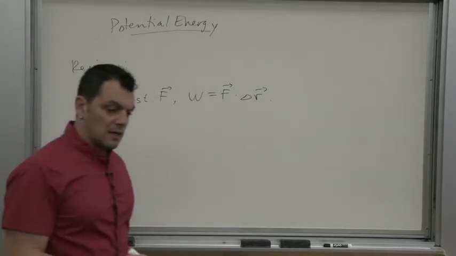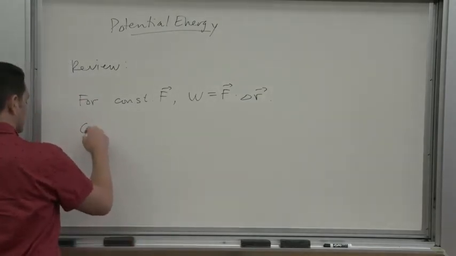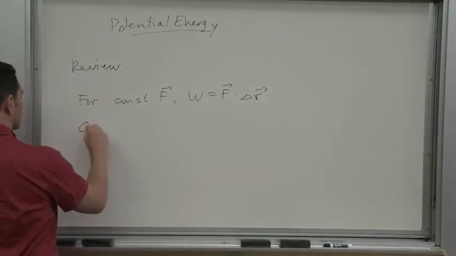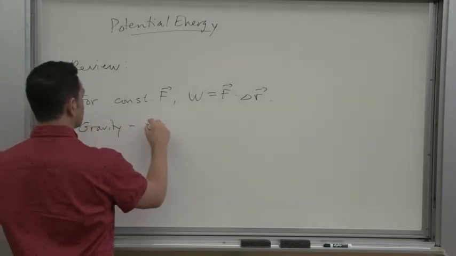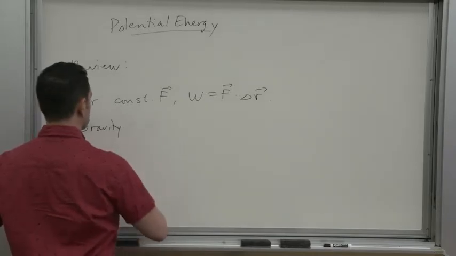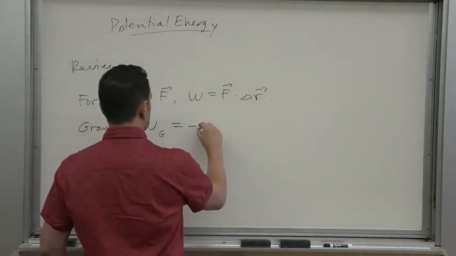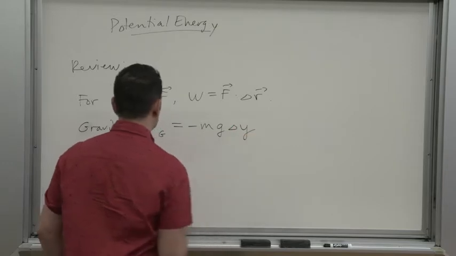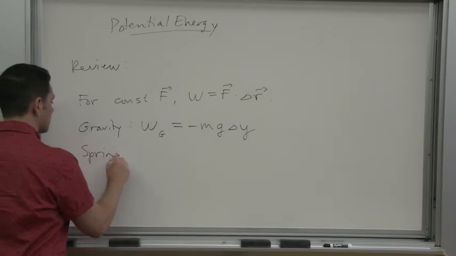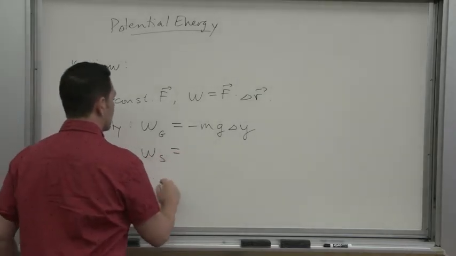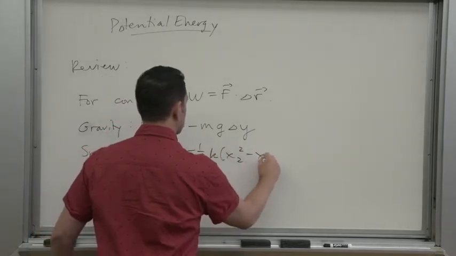For gravity, this expression became the work done by gravity is equal to minus m times g times delta y. For the spring, the work done by the spring is minus 1/2 k times (x2 squared minus x1 squared).